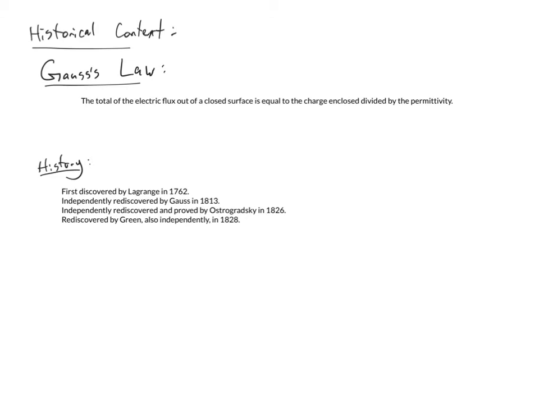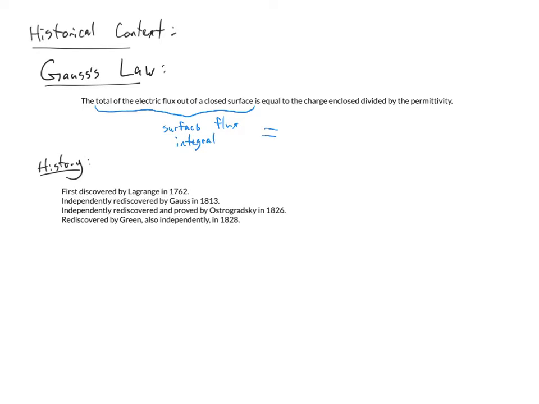To give some context for the divergence theorem, it actually goes back to Gauss's law. So Gauss wrote this as saying the total of the electric flux out of a closed surface is equal to the charge enclosed divided by the permittivity. So you should read this as the electric flux out of a closed surface, that's some surface flux integral.